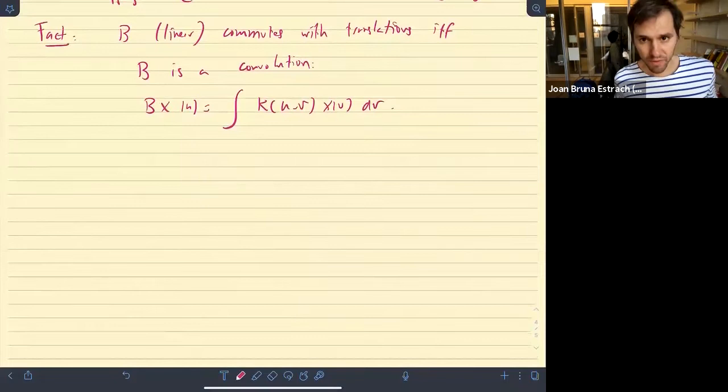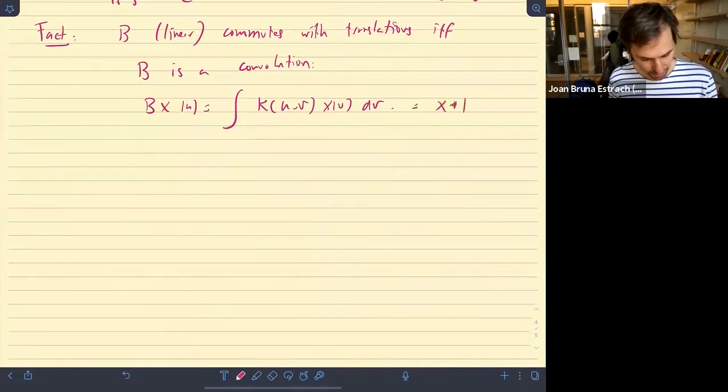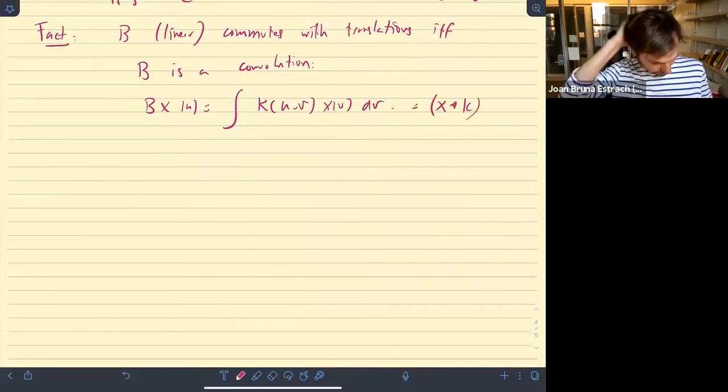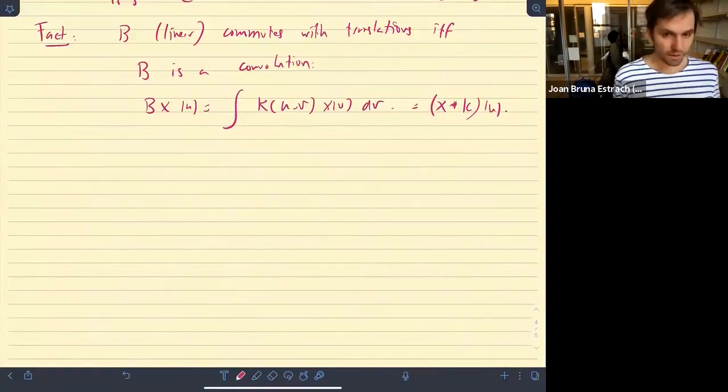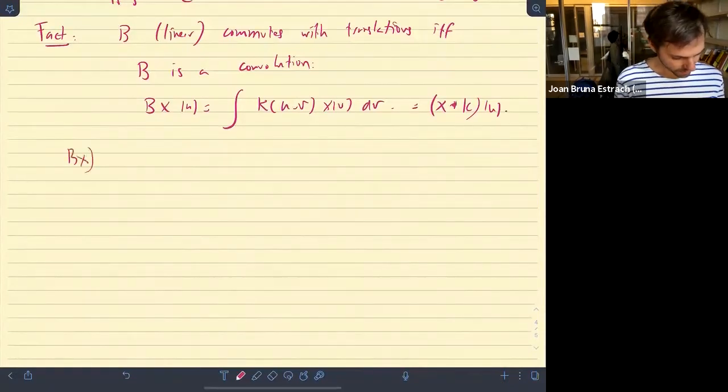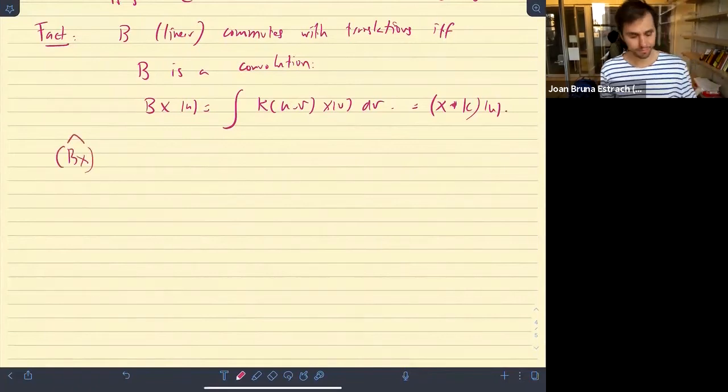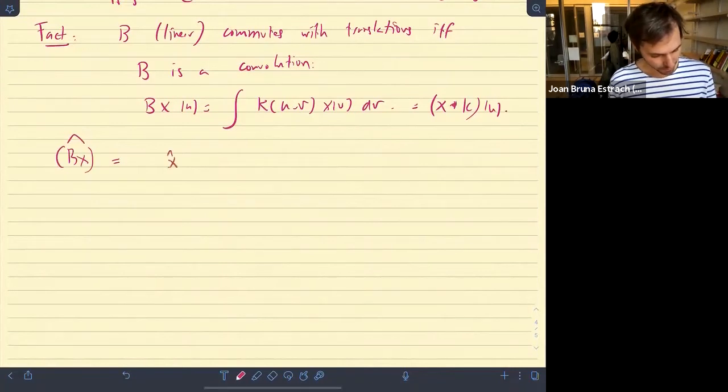And so you can verify that indeed, if I express this operator B in the Fourier basis, we can write it as x convolved with the kernel. So we can verify that indeed Bx in the Fourier domain is the Fourier transform of x times a diagonal operator, and this is the diagonal of the Fourier transform of the kernel.